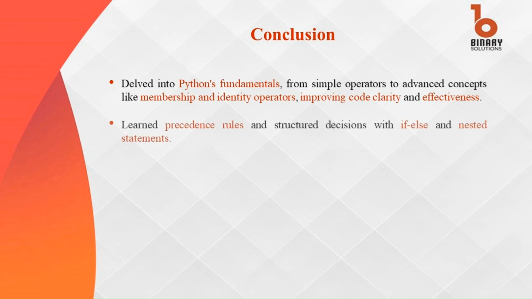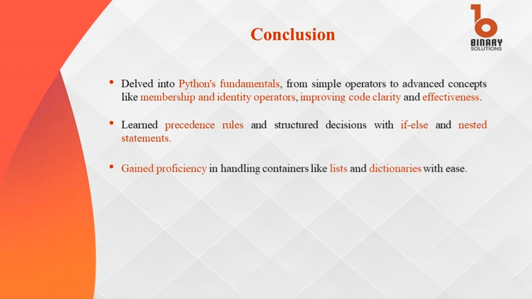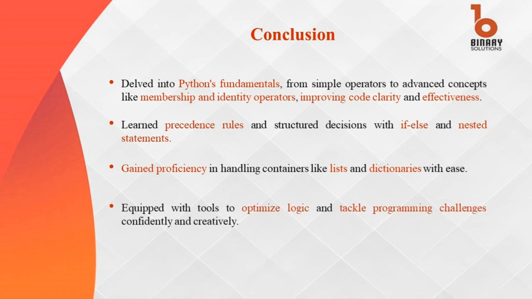We've learned to apply precedence rules, structure our decisions with if else and nested statements, and handle containers like lists and dictionaries with ease. Whether you're checking for membership in a list, comparing objects with identity operators, or optimizing your expressions with conditional logic, these tools empower you to craft smarter solutions. Now, with these concepts in hand, you're ready to take your programming skills to the next level, tackling challenges with confidence and creativity.